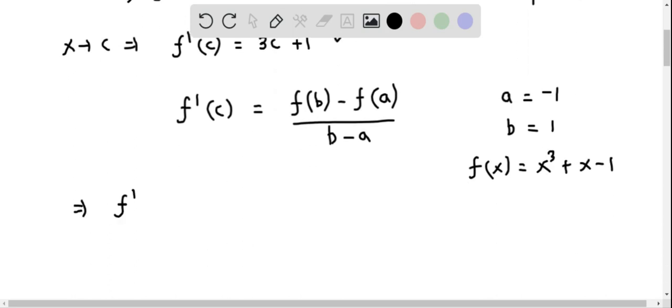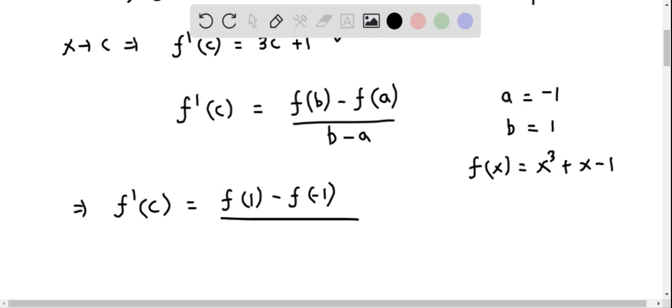So let's use this equation. f prime of c equals, let's substitute a as -1 and b as +1, f of b, which is f of 1, minus f of a, which is f of -1, over b minus a, that is 1 minus a, which is -1, so it becomes 1 minus -1.